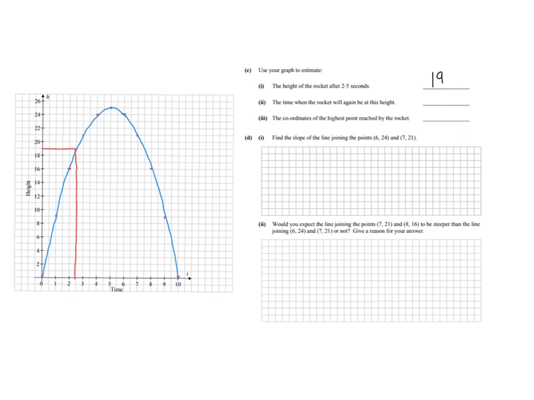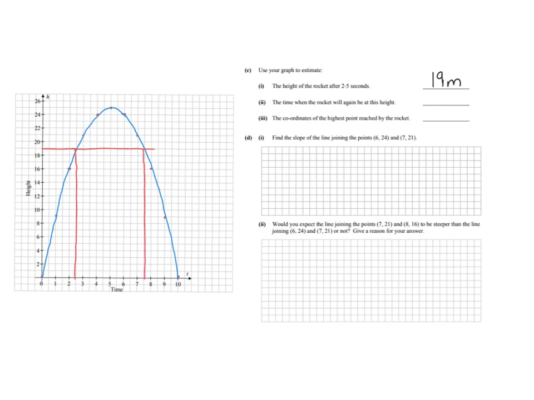And of course, this is the height, and the height is in meters, so it's going to be 19 meters. Find the time when the rocket will be at this height again. That's then a continuation of the last question, so you just continue with the line straight across, and wherever it hits on the graph, you come straight down, and that will be your answer.